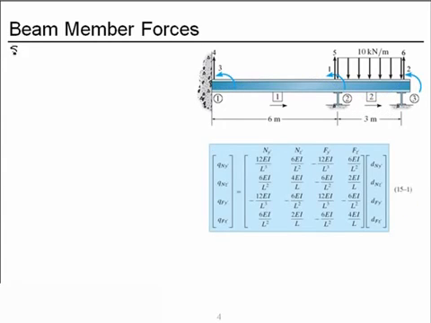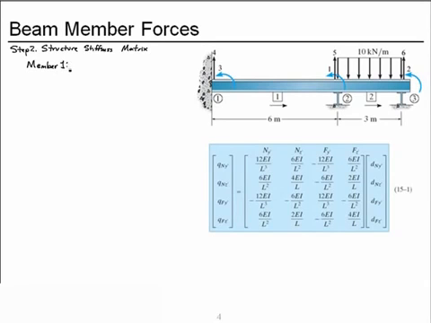Now we're ready to begin the stiffness method. We do that by assembling the structure stiffness matrix. To do that, however, I need to first obtain the member stiffness matrices.